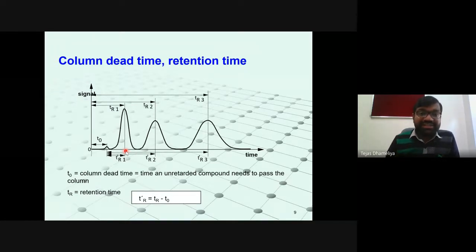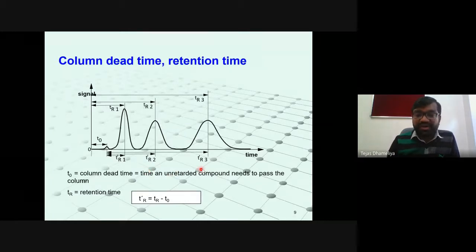If you want to calculate the retention time, we will have to subtract the dead volume from the total time TR1, so that we will have retention time T dash R1. For the second compound, if this overall time is TR2, we will have to subtract T0 from TR2 to get T dash R2.